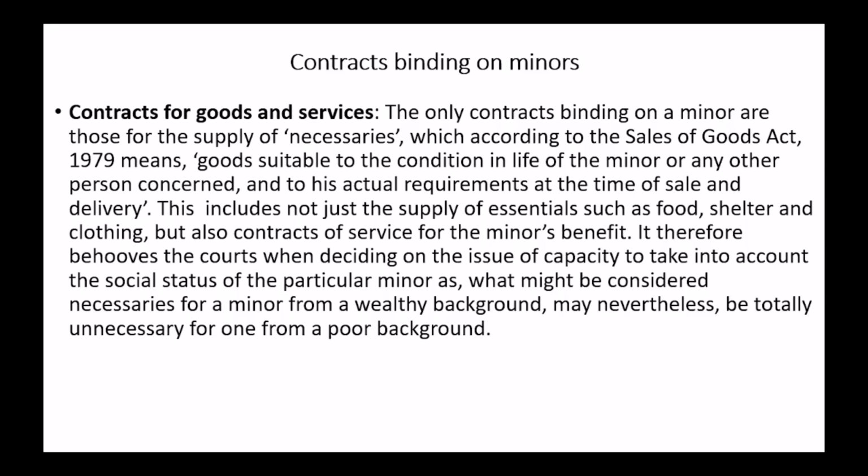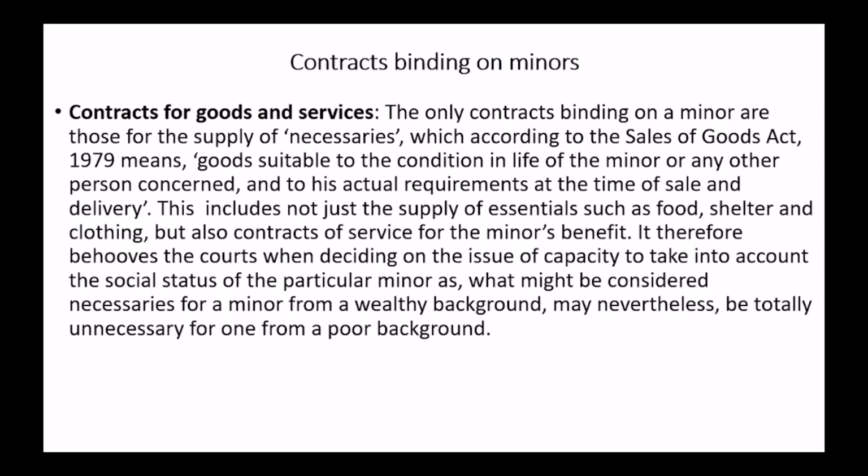The only contracts binding on a minor are those for the supply of necessaries, which according to the Sales of Goods Act of 1979 means goods suitable to the condition in life of the minor or any other person concerned, and to his actual requirements at the time of sale and delivery.